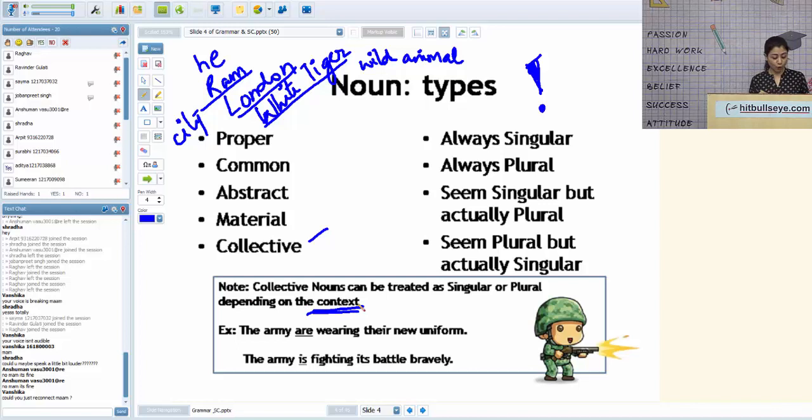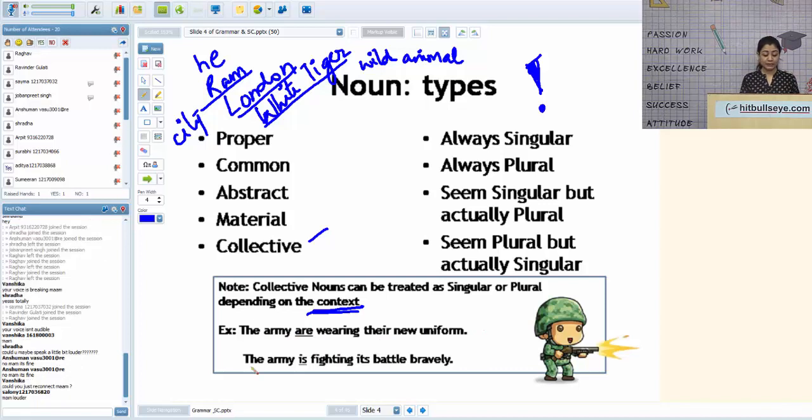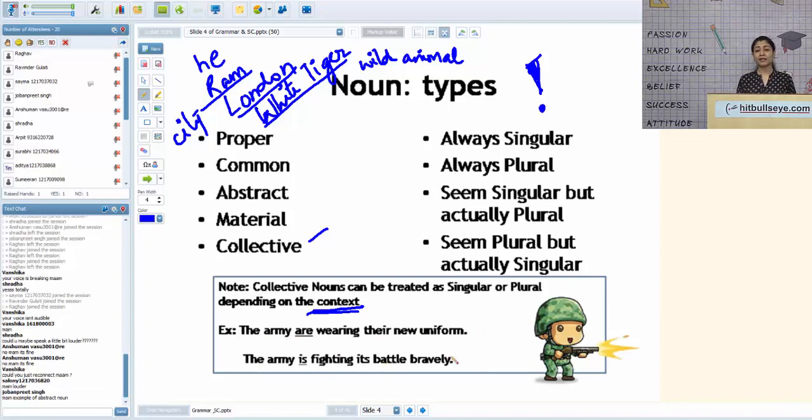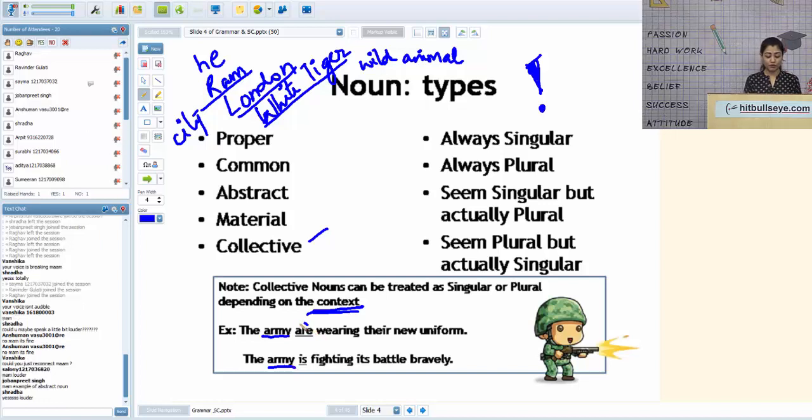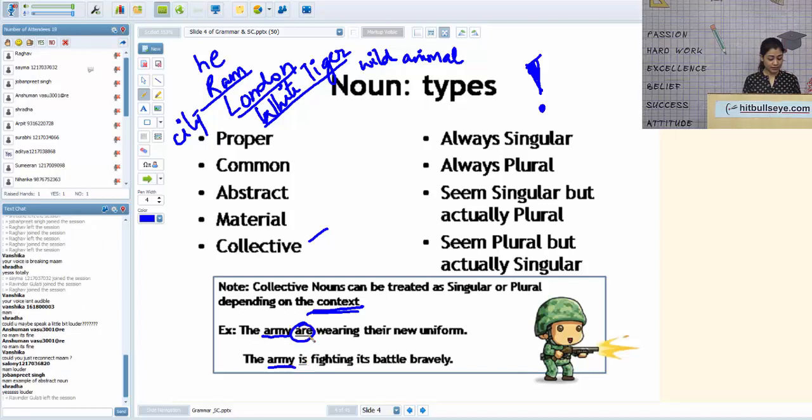Let us take a small example for this. The army are wearing their new uniform. The army is fighting its battle bravely. So you see here in both these examples, the collective noun is army. But depending on the context, we have changed are and is.